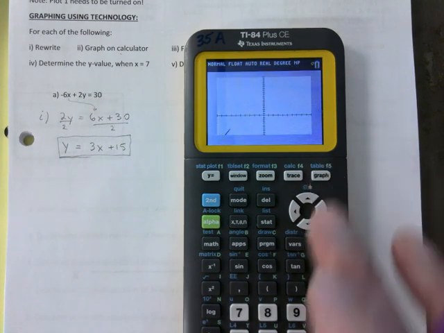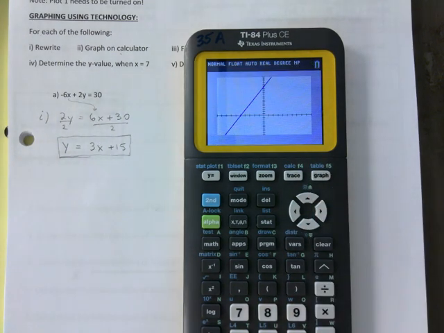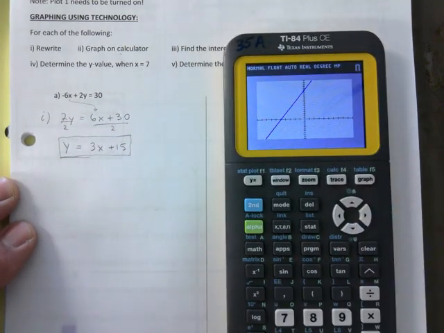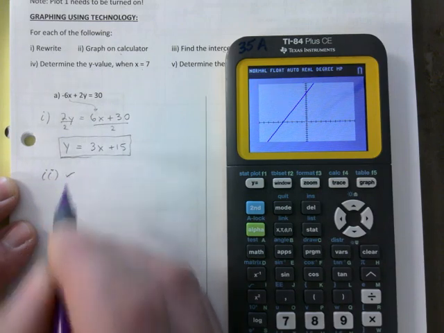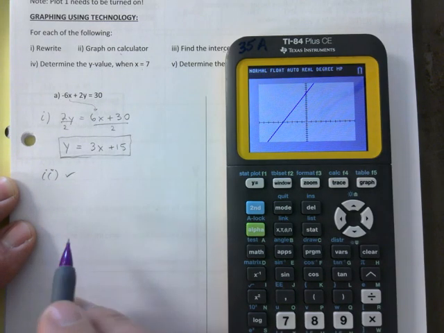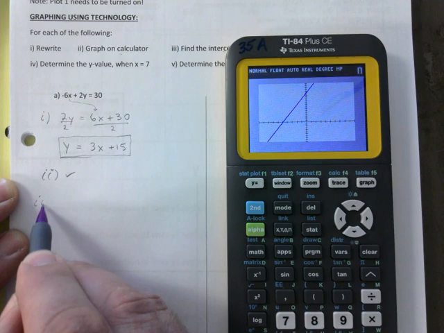Boom. There it is. That's all I need to see. Intercepts, we're good to go. So let's graph that. What is it asking? We did it. Check. Using the calculator, find the intercepts.